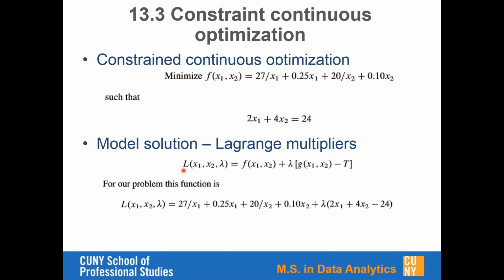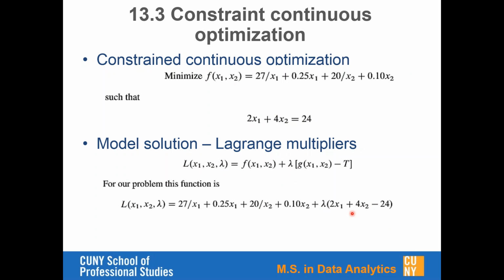We set up this L function, which is the Lagrangian function, which equals the objective function plus lambda times a transformation of the constraint, which is lambda times the left-hand side minus 24. Then we try to solve L.